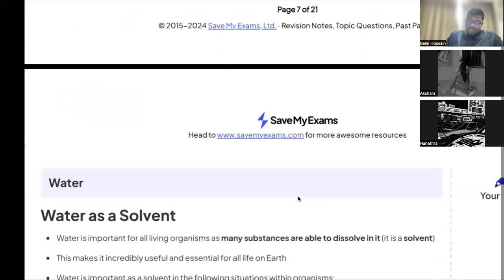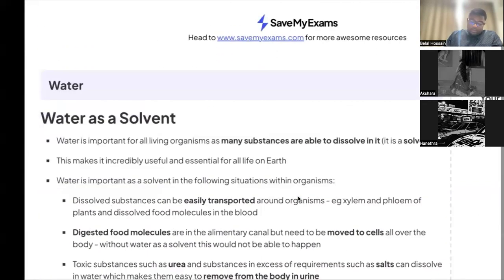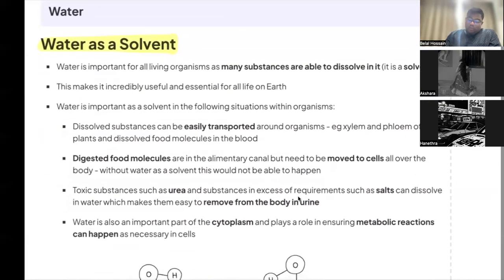So as we move on, let's talk about water and its part as a solvent. Water is important for all living organisms because many substances are able to dissolve in it. That includes polar and charged particles.